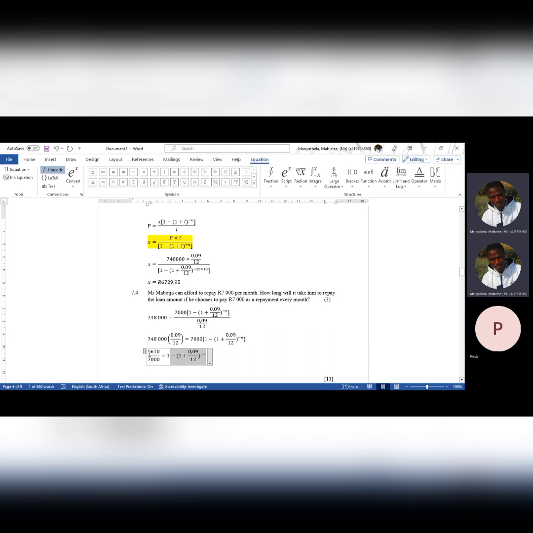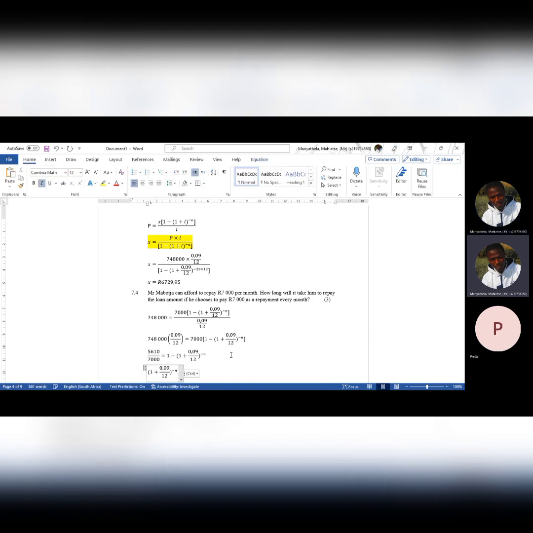This one and 5,610 over 7,000 will switch places. So it is negative on this side, and when it crosses the equal sign it becomes positive. So it will be equal to 1 subtract 5,610 over 7,000.